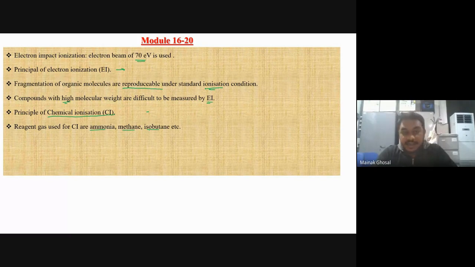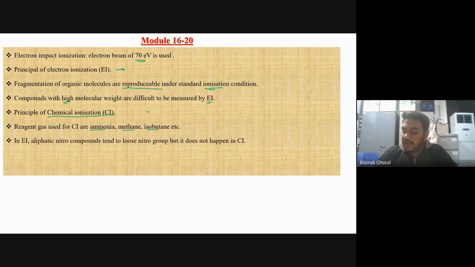So in electron ionization you are bombarding your sample with high energy electrons, but here, instead of bombarding with high energy electrons, you are adding some chemical which is ionized beforehand, and it collides with your molecule and gives you the molecular ions. So what kind of reagent gas is used? Ammonia, methane, isobutane, etc.